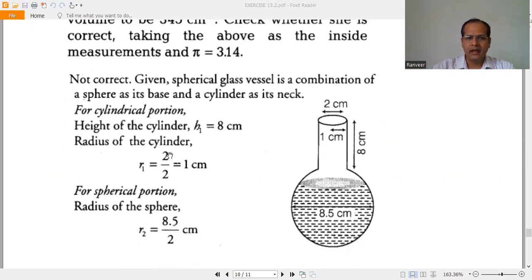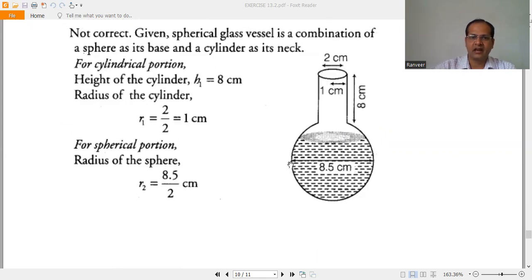Now, the given spherical glass vessel is a combination of a sphere as its base and a cylinder. These are the two structures. For the cylindrical portion, the height is equal to 8 centimeter. Now the diameter is 2, so the radius is 1 centimeter.